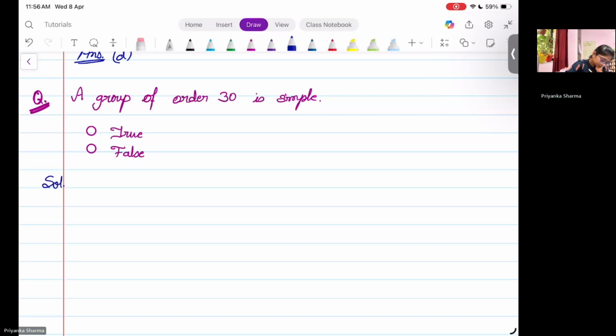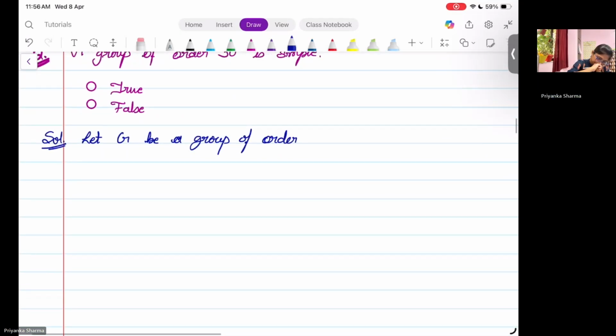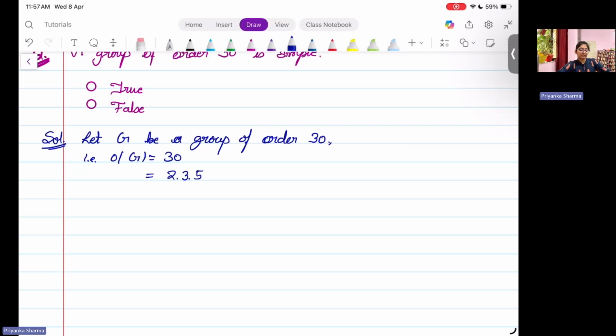So let G be a group of order 30. Order of G is 30. If we write this in prime factorization form, this will be 2 into 3 into 5. That is, we have 3 primes in the order of G.